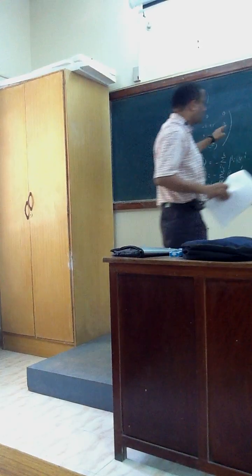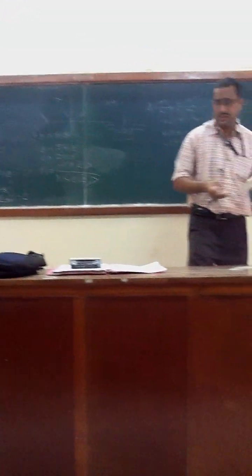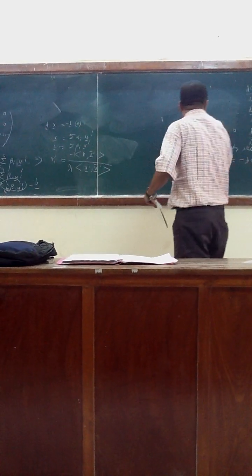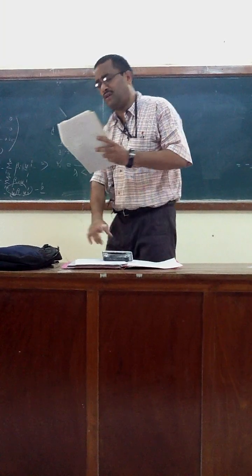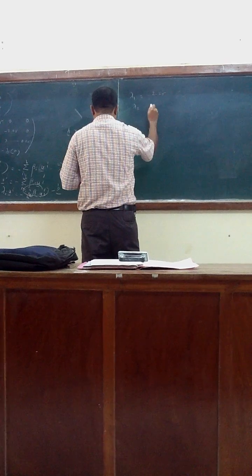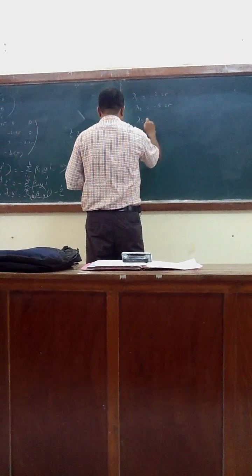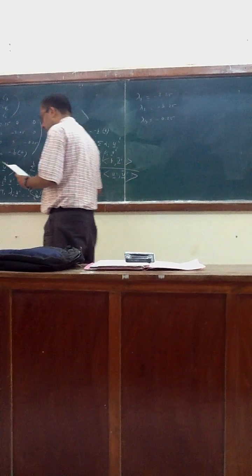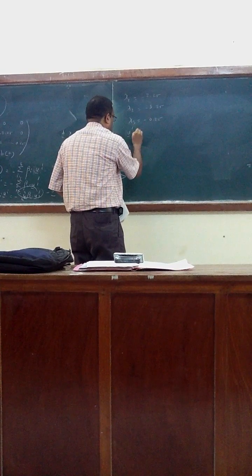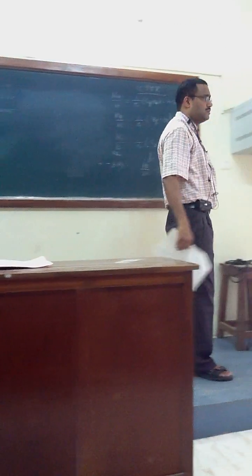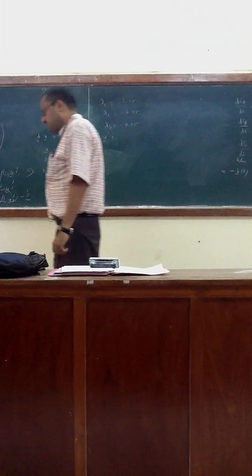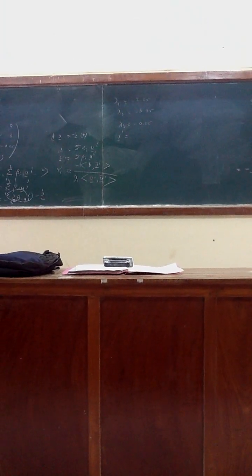If you look at the diagonals, they are actually the eigenvalues, and in fact if you calculate, you get the same answer: lambda 1 is minus 2.25, lambda 2 is minus 3.25, and lambda 3 is minus 1.25. Okay? And what are the corresponding eigenvectors?